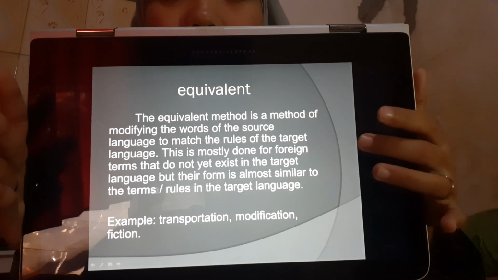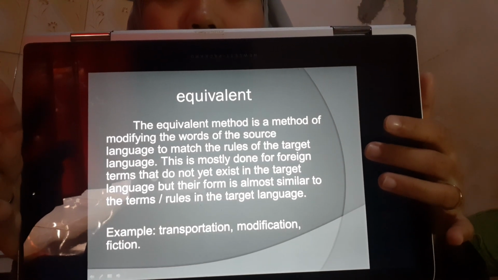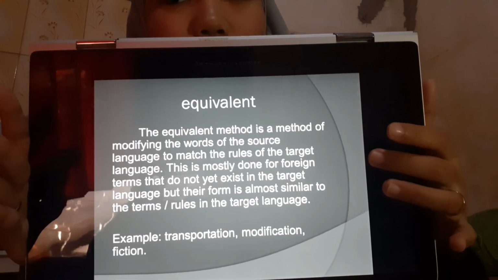For example, transportation, and then modification and fiction. So it is almost the same as our Bahasa. Like transportation, we use it in our daily life, but there is tion in the last word, but in our daily life we say transportasi.